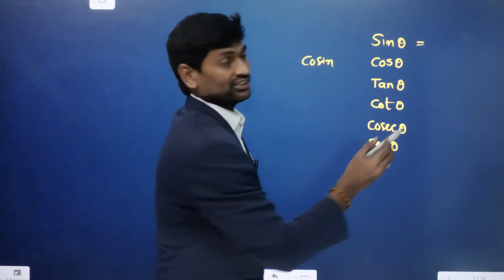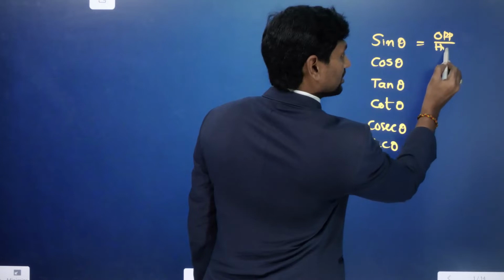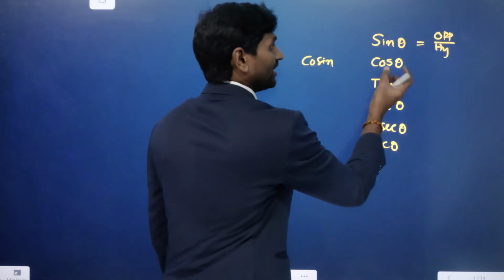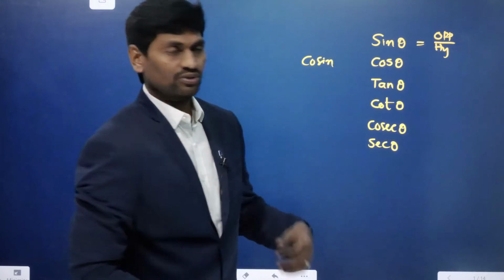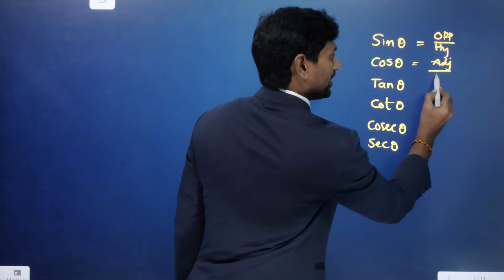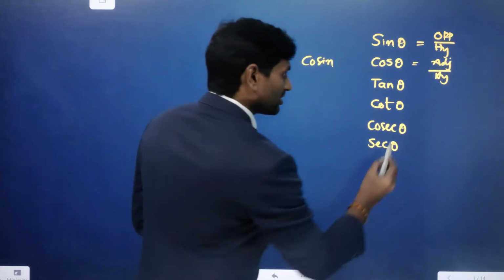Sine ratio is opposite side by hypotenuse. In a right angle triangle, the sine ratio represents opposite side by hypotenuse, and cos ratio represents adjacent side by hypotenuse.